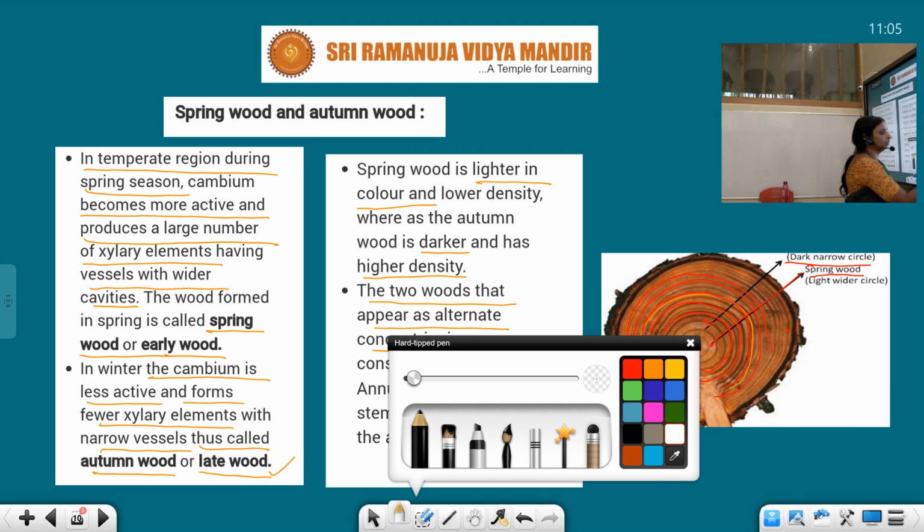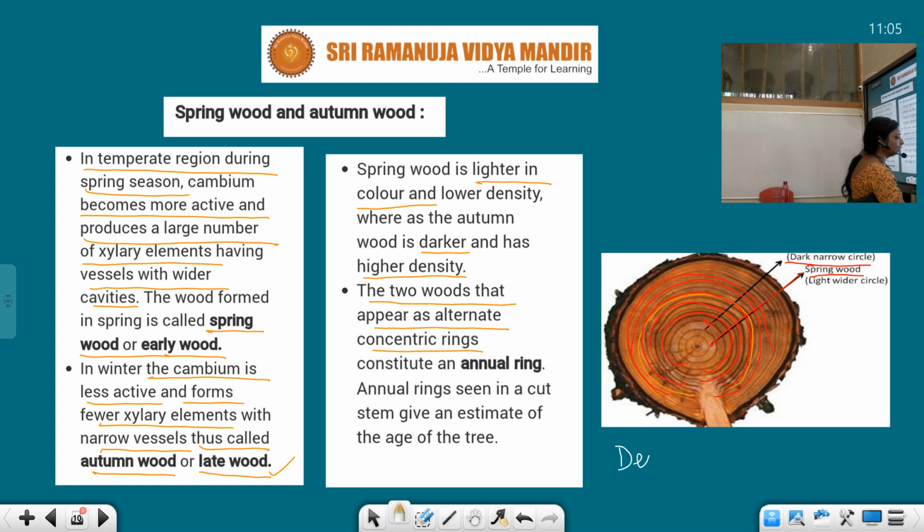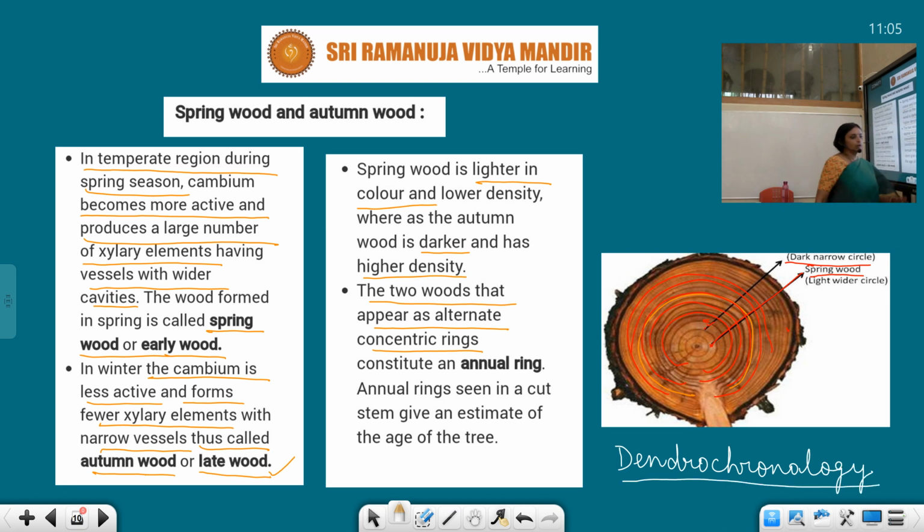It is the study of determining the age of the tree by looking at these annual rings, which appear equally in the stem. So by studying these annual rings, we can determine the age of the tree. That is called dendrochronology.